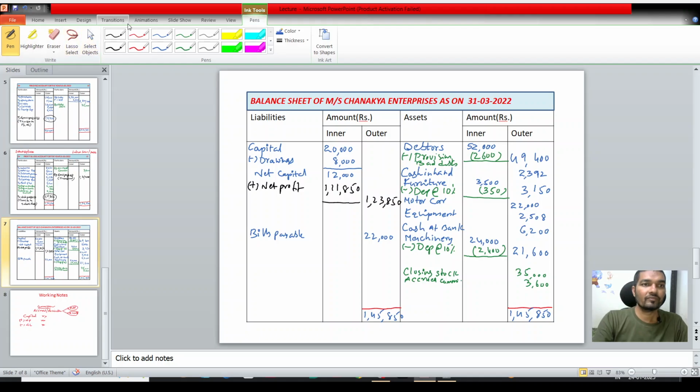1,45,850. As the rule clearly mentions, all assets of the company equal all liabilities plus capital or equity.